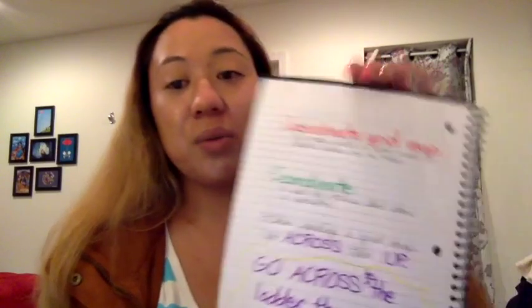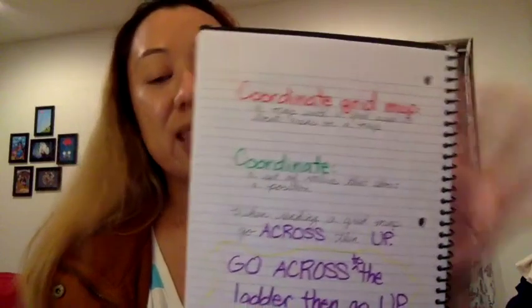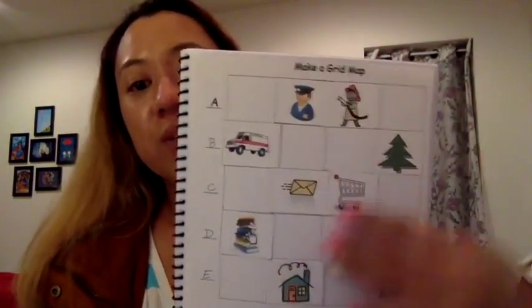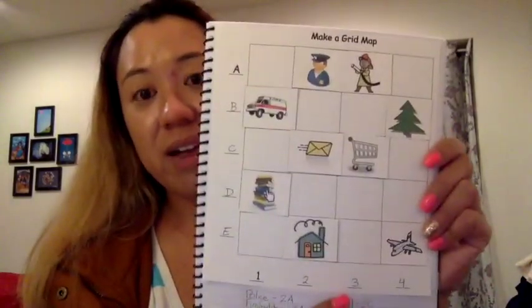Tell me what it says. That's right, it says it is a map with a grid used to locate areas on a map, right? So it's a grid used to locate things on a map. So, right, we have our grid here that's used to help us locate different areas.